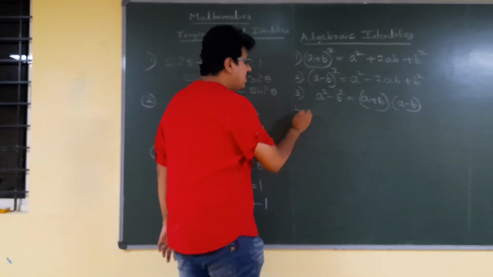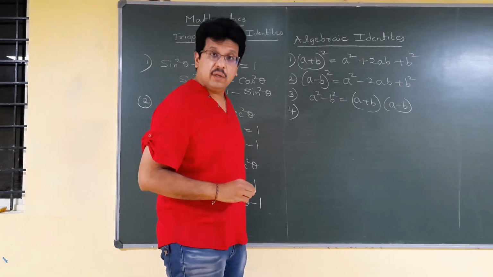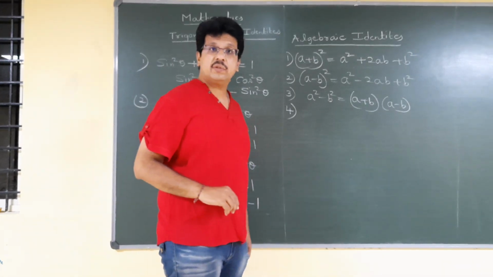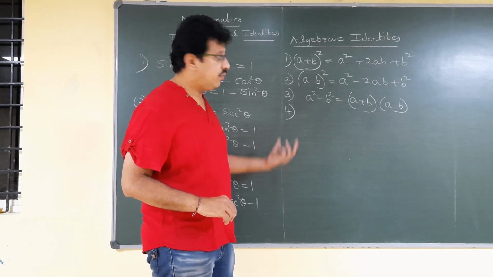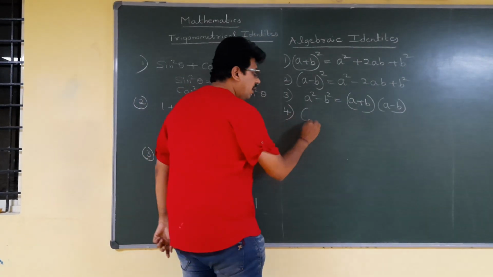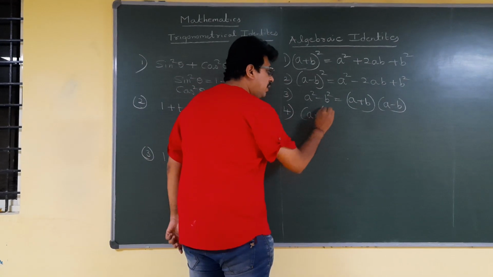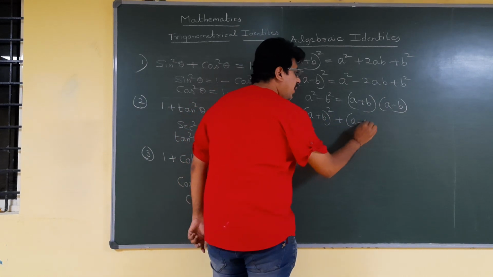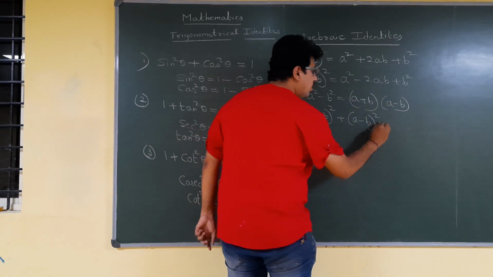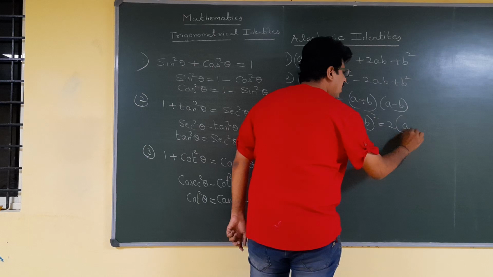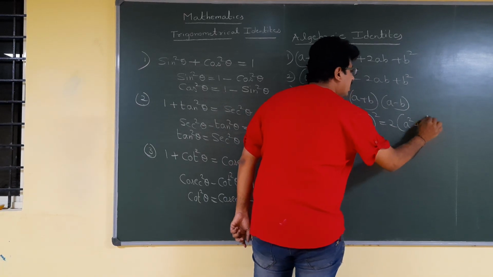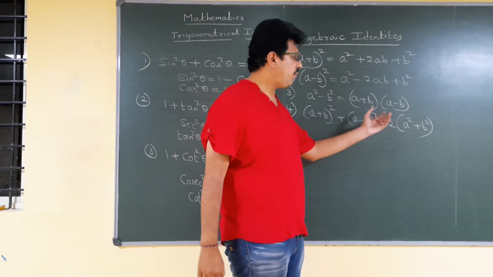The fourth one is very important. We will be using it in the trigonometrical problems. It is a plus b whole square plus a minus b whole square equal to twice of a square plus b square.